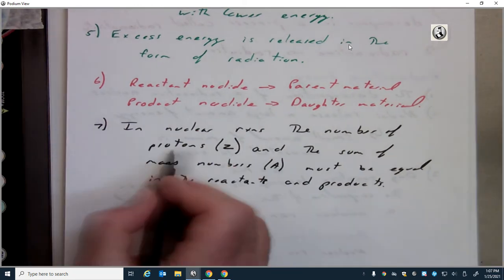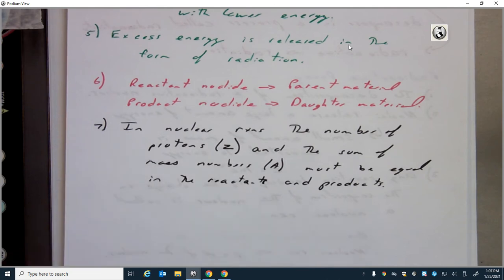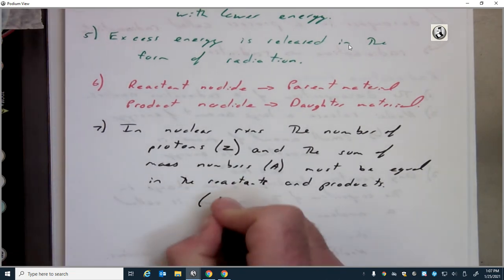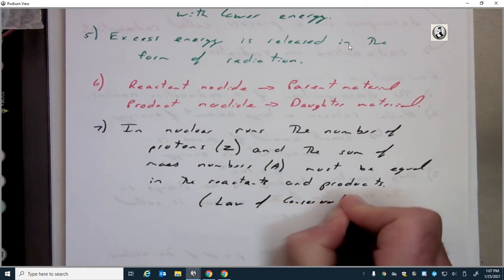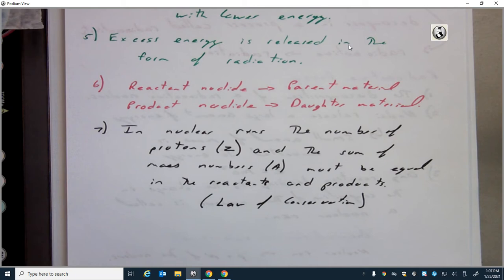So the number of protons has to remain the same and the total mass has to remain the same. This is our law of conservation.